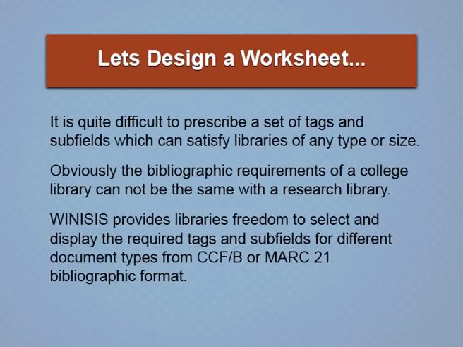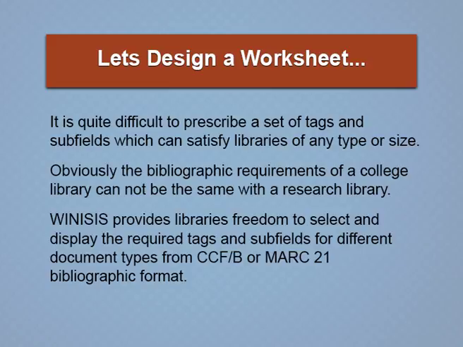Now, if you ask me whether I can prescribe a set of unique tags and subfields for all types and sizes of libraries, I will say no, it is not possible, because the requirement of a college library does not quite match the requirement of a research library. So, each library needs to decide for itself what fields and subfields they need and will handle.